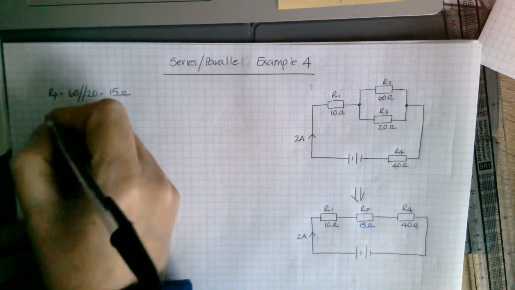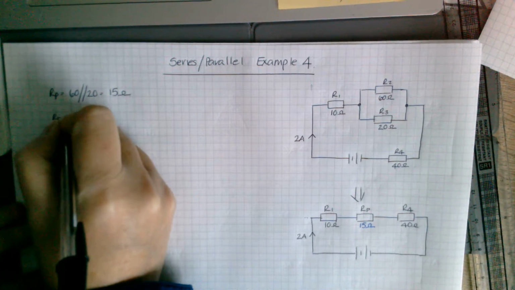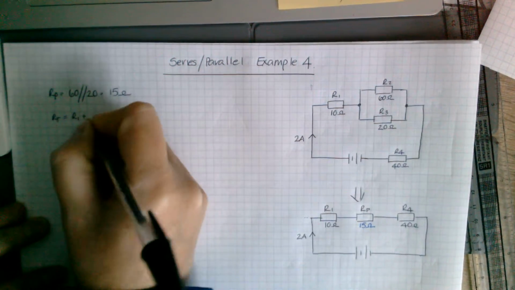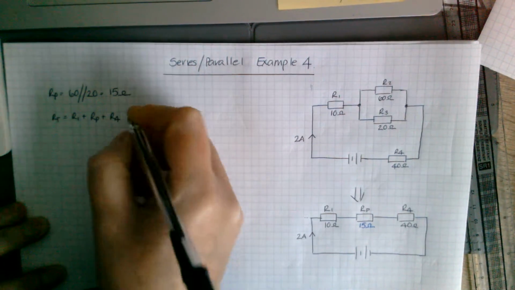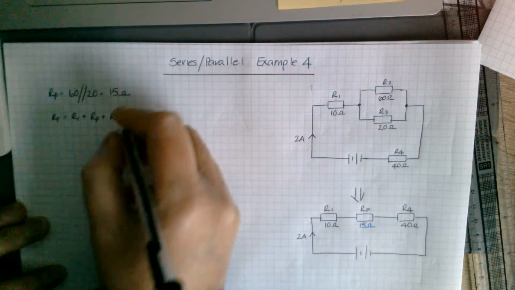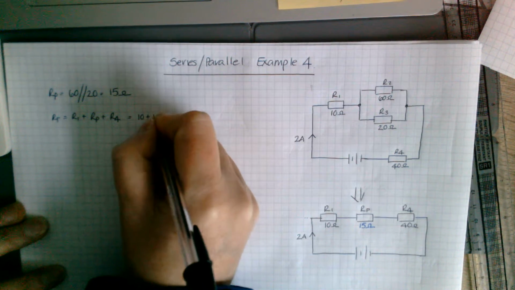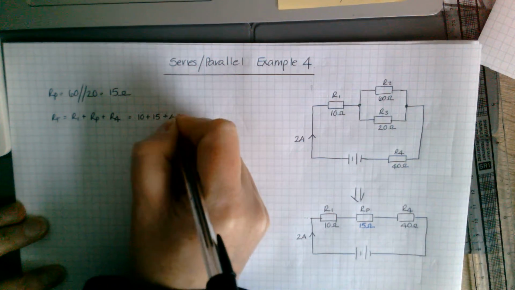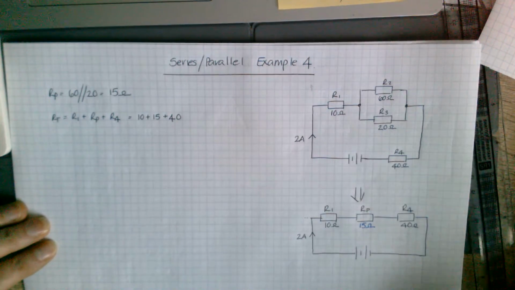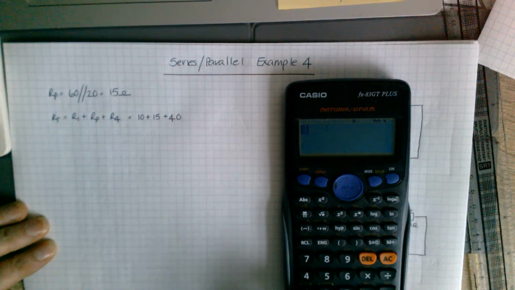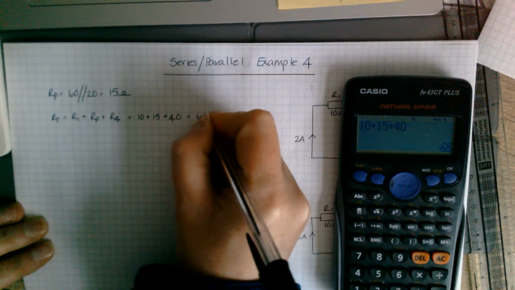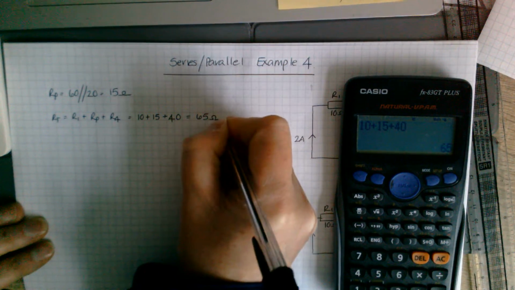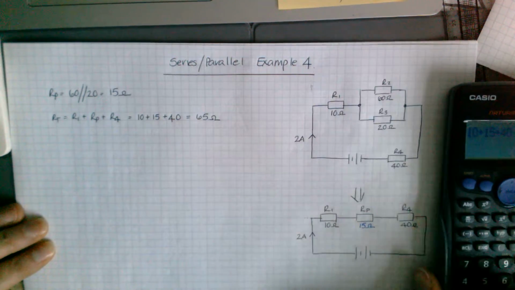Now the same as the last time, we can work out our R total by adding R1, RP and R4. So you're going to add 10, 15 and 40. 10 plus 15 plus 40, which gets you 65 ohms as a total resistance.